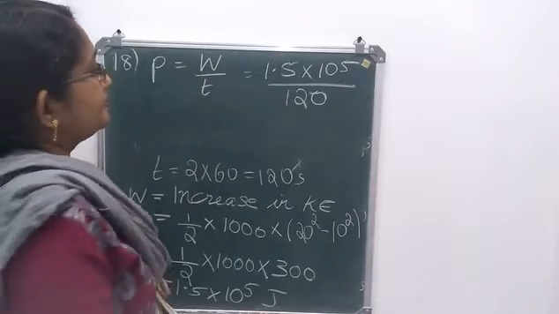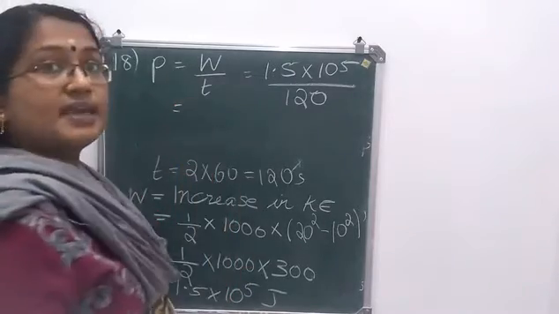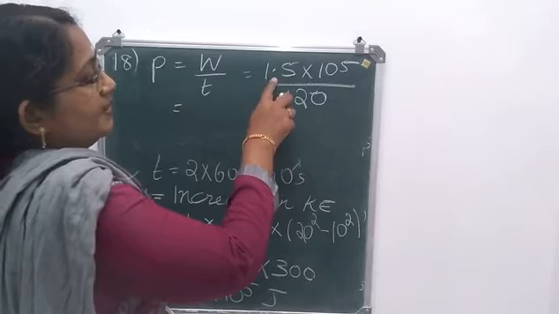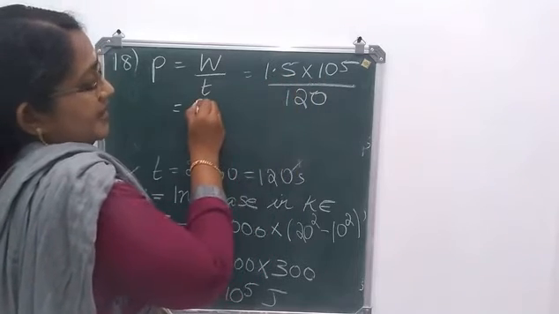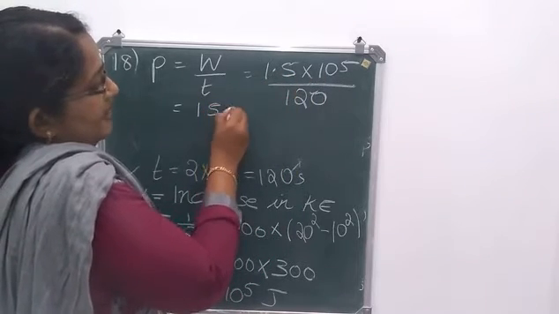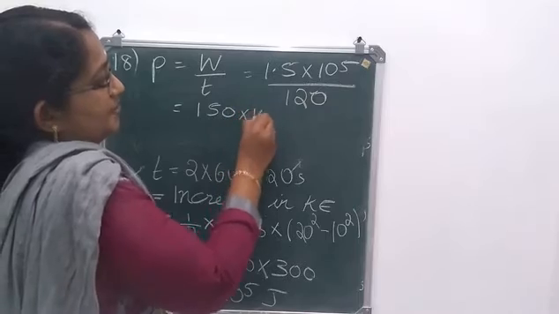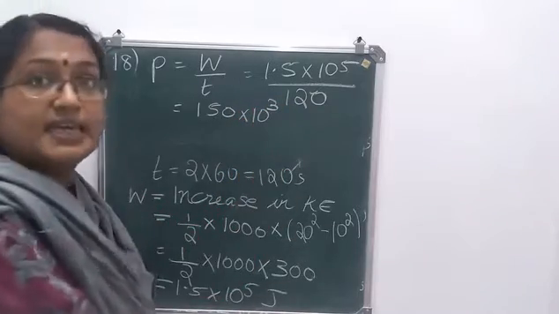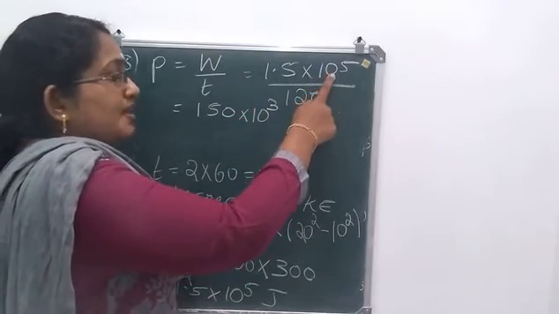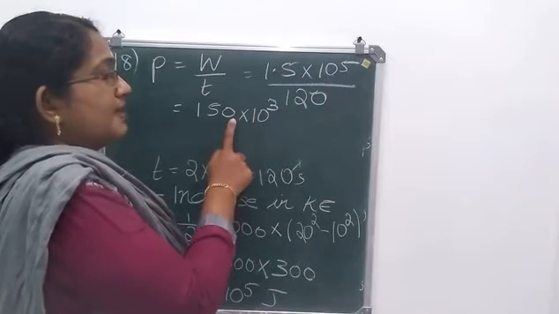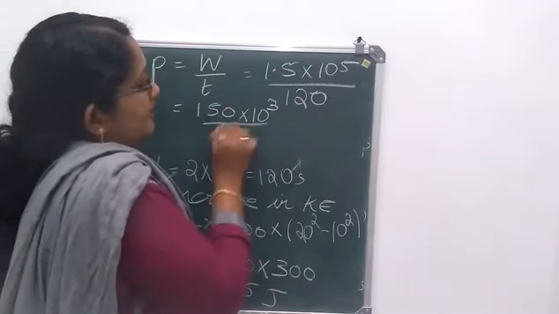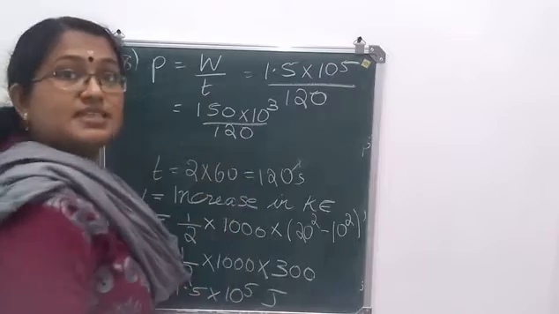Okay, now how much do we have to get here? So do one thing here: 1.5 into 10 raised to 5, let me write it as 150 into 10 raised to 3. I took 2 zeros from here. So here it becomes 150 divided by 120.